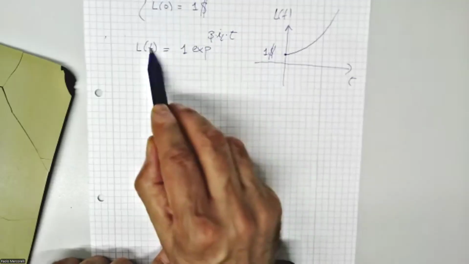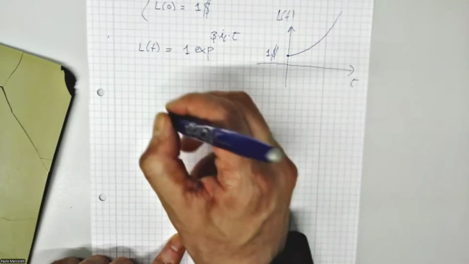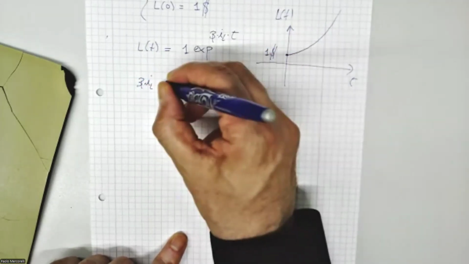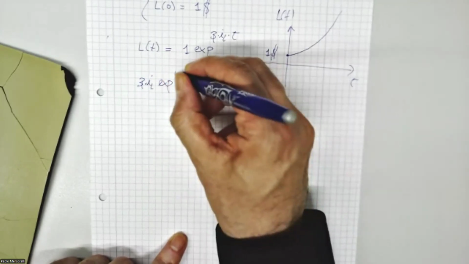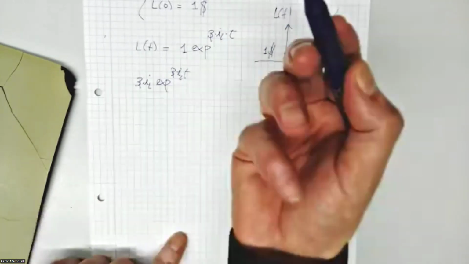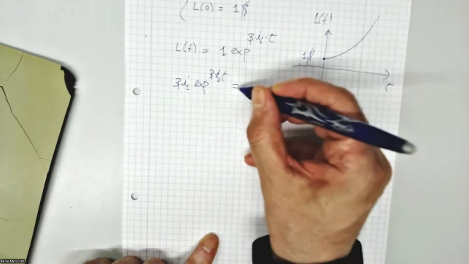Because if I plug in here, the derivative of this is, I don't know if you remember in high school, the derivative of this exponential function. The derivative of the exponential function is itself. You remember this? If you don't remember, it doesn't matter.